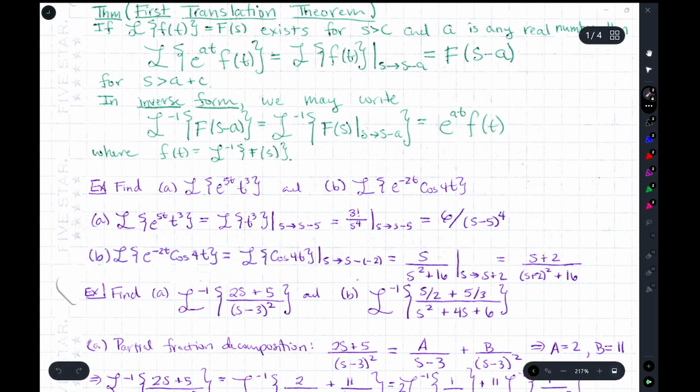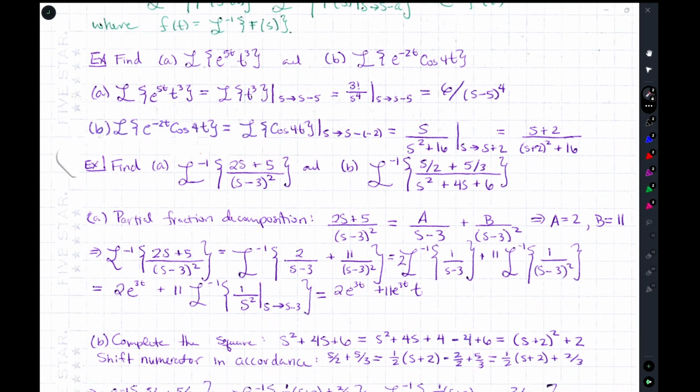Again, doing something similar there, but being cognizant that we have s minus negative 2 there, okay? And so that's s plus 2, right? And so the Laplace transform of cosine 4t, again, that's a basic one, so we know it. And we then just substitute s plus 2 wherever we see an s, and we arrive at this Laplace transform.